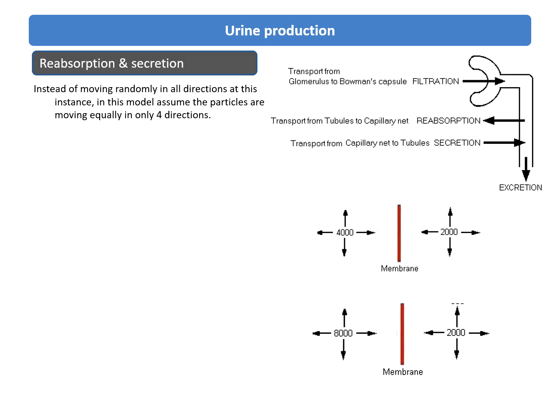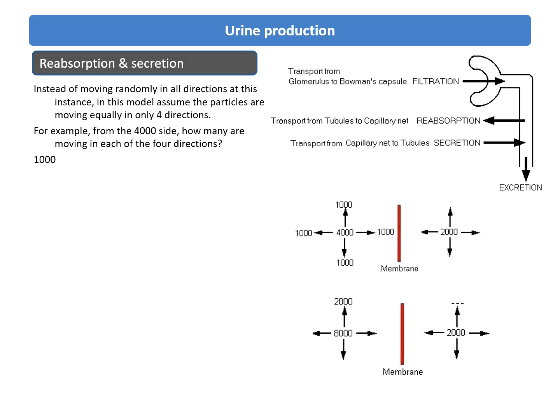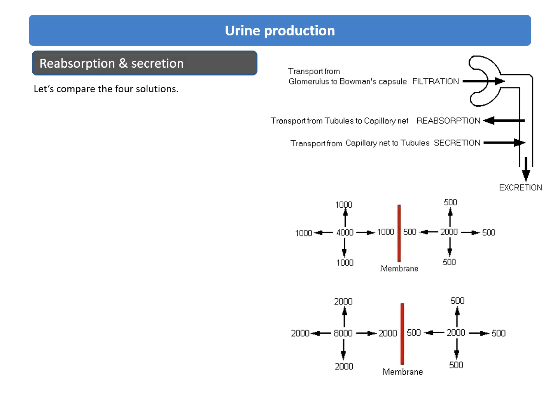Instead of moving randomly in all directions, as does occur in diffusion, let's make a model, and let's assume in the model the particles are moving equally at this instant in only 4 directions. For example, from the 4,000 side, how many are moving in each of the 4 directions? 1,000. Let's compare the 4 solutions.